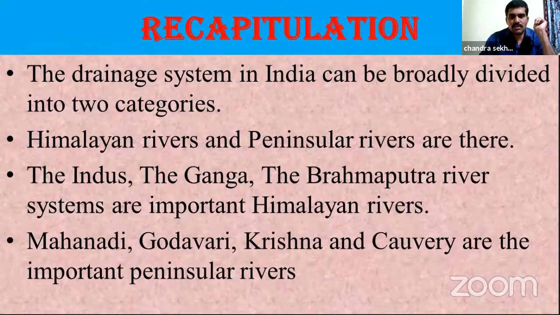Based on the importance and physiography of three important physiographic units, the Himalayas, Indo-Gangetic Plain, and Peninsular Plateau, these Himalayan rivers and peninsular rivers are categorized.